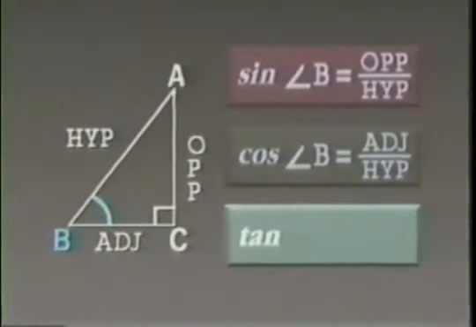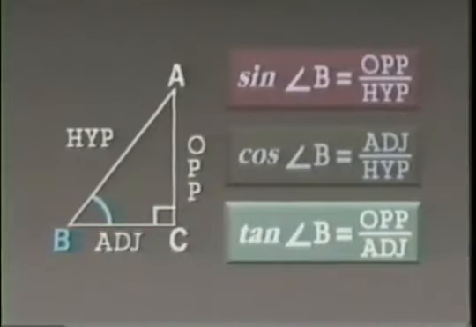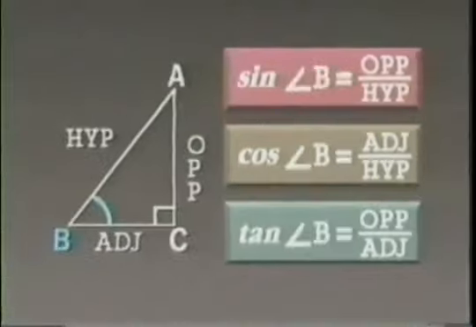The tangent of angle B is opposite over adjacent. These ratios cannot be deduced. Like phone numbers and lock combinations, they should be memorized. We never see sine or cosine by themselves. It's always the sine of an angle or the cosine of an angle.